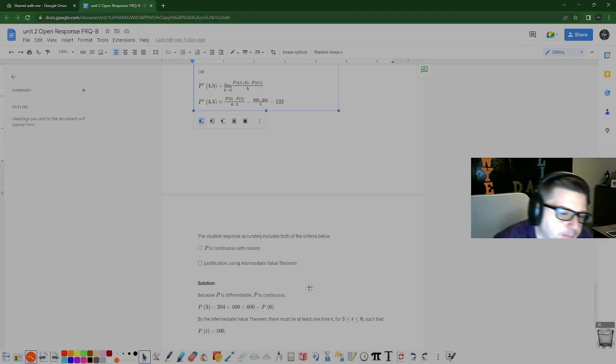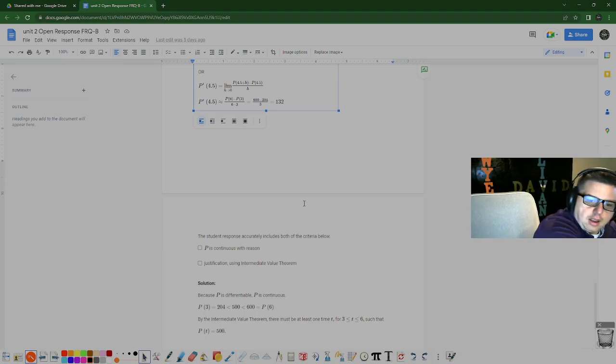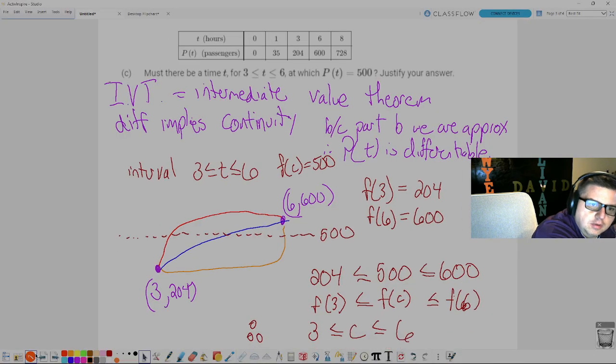That's the problem. That's where I find something interesting. So P of 3 equals 204 is less than 500 is less than 600, which equals P of 6. By IVT, there must be at least one time t in between 3 and 6 such that P of t equals 500.